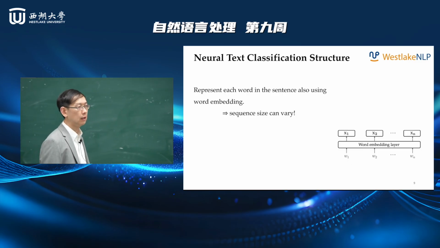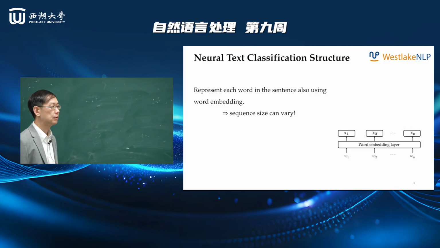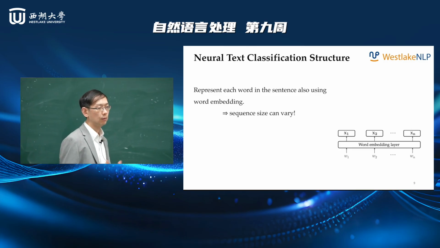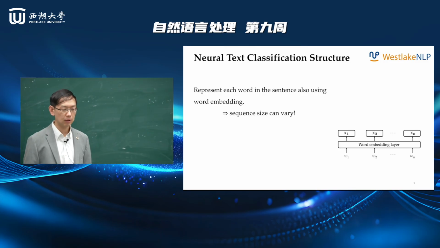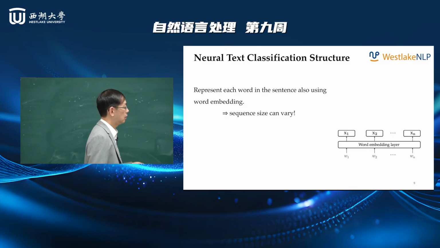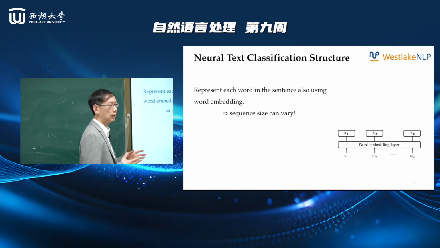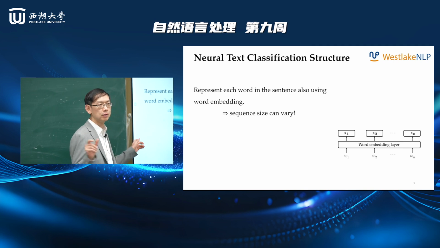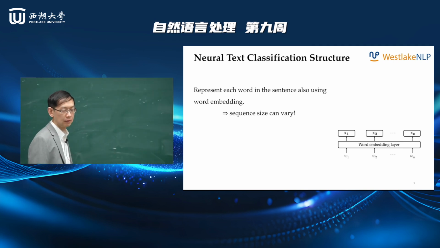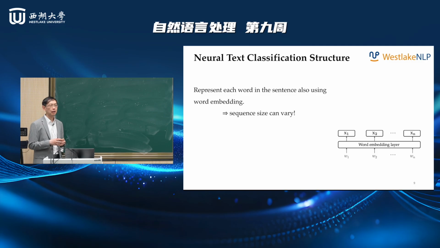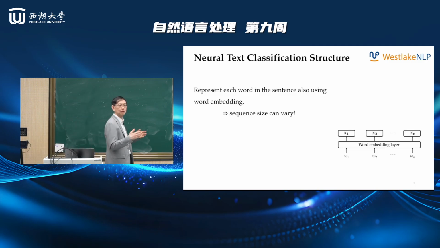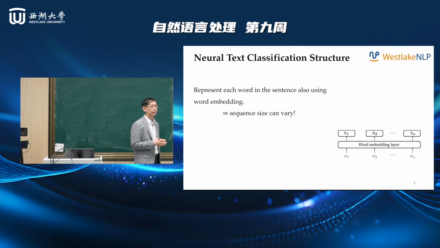So can we replace the input of the text classifier with word embeddings? And we got something like this. Every word, we make a one-hot representation, and we feed them through a lookup layer, and we get a sequence of word embeddings. And then you say, fine, we put this sequence of embeddings into a multi-layer perceptron, we get the class label.